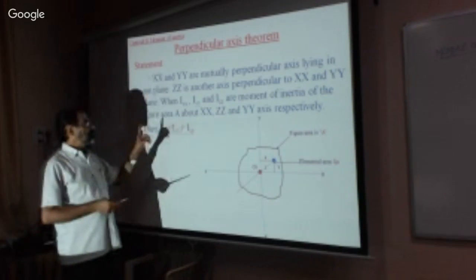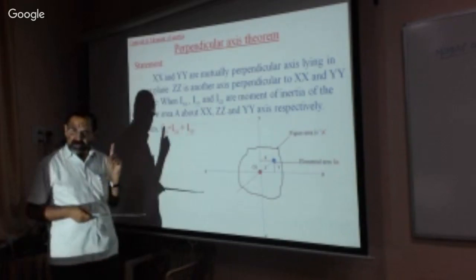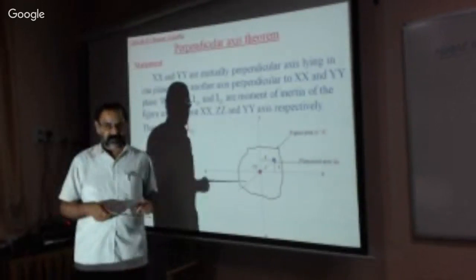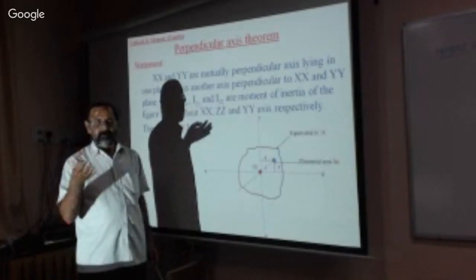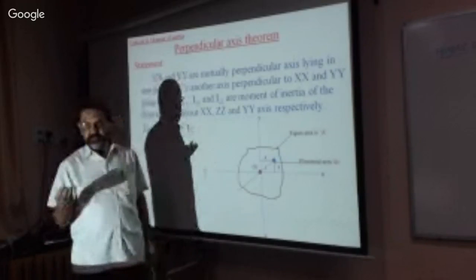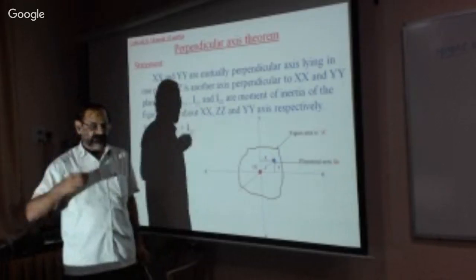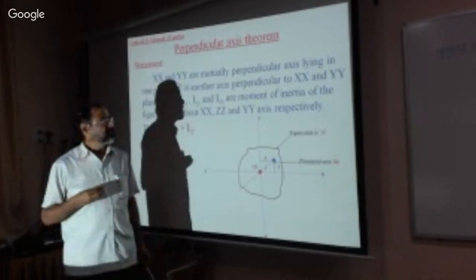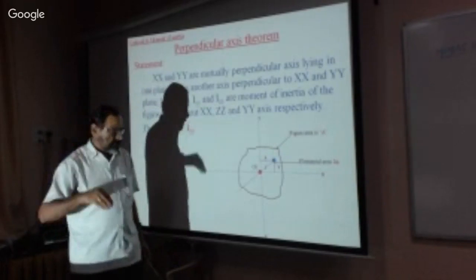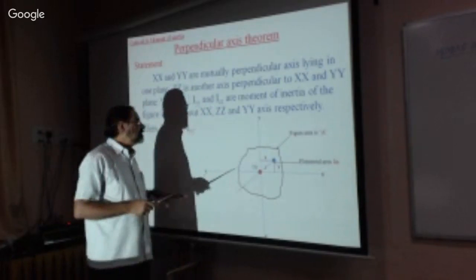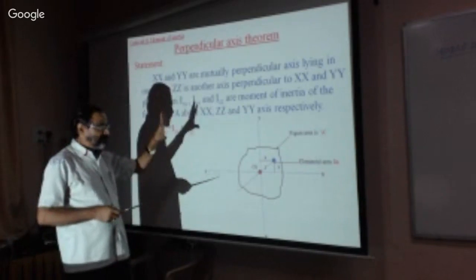Normally this will be asked in the examination. Either the perpendicular axis theorem or the parallel axis theorem will normally appear, and it may carry 5 marks. Very simple statement.